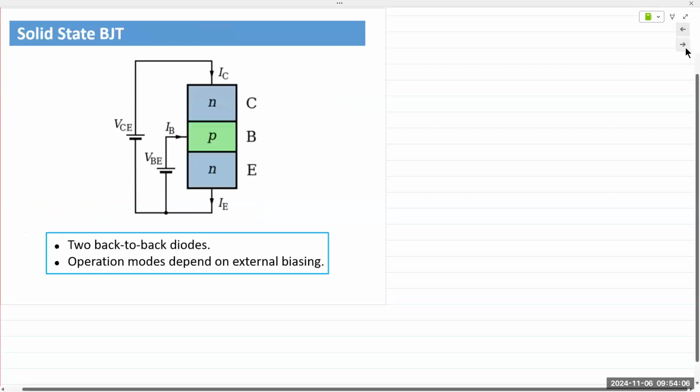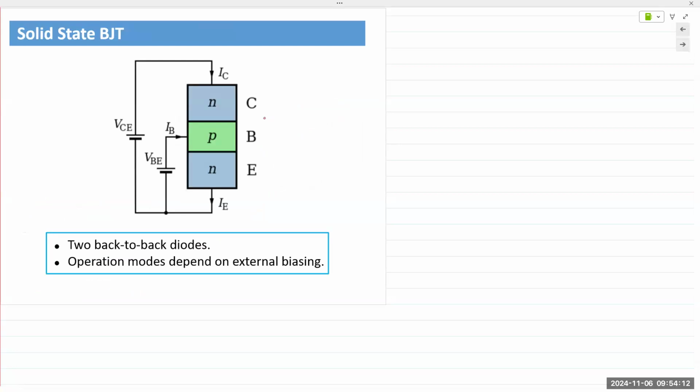All right. As I was saying, we have two back-to-back diodes, but they do not always behave like diodes. There are different modes of operation. There are actually 4 modes of operation, but 3 of them are the most important, and they depend on the external biasing. The external biasing is basically VCC and VBB.